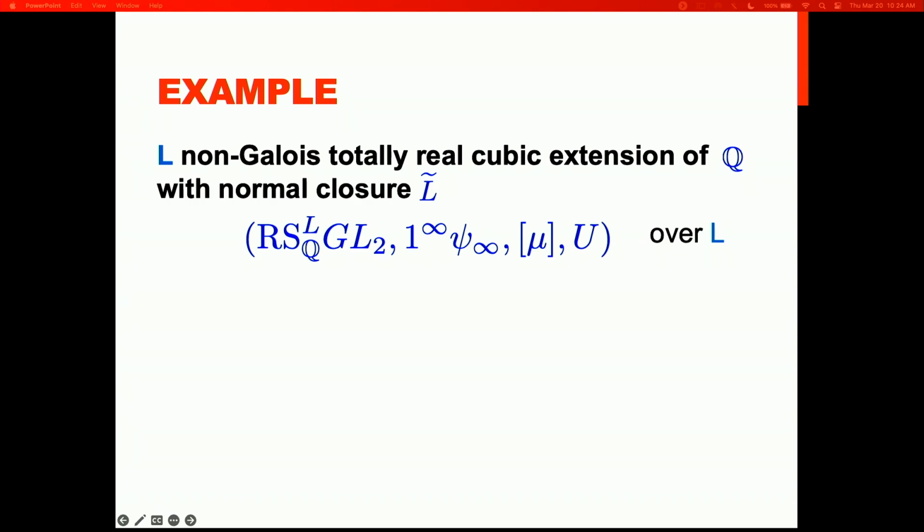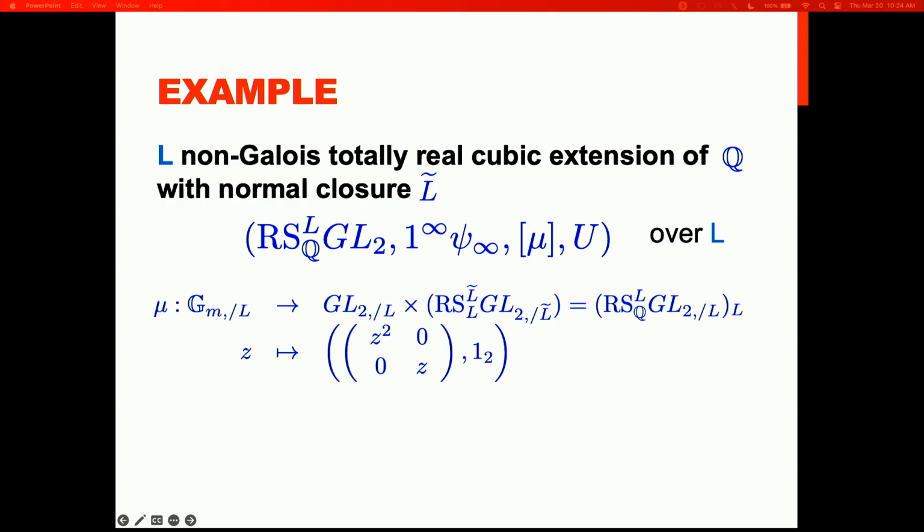Some open compact subgroup, and then some geometric conjugacy class of co-characters. Well, which co-characters do I take? The conjugacy class should be defined over L, so let me look for co-characters over L. This group, base change to L, becomes a copy of GL2 over L times a copy of the restriction of scalars from the normal closure of L to L of GL2. And I take the co-cycle, which is diagonal on the GL2 copy and trivial at the restriction of scalars.